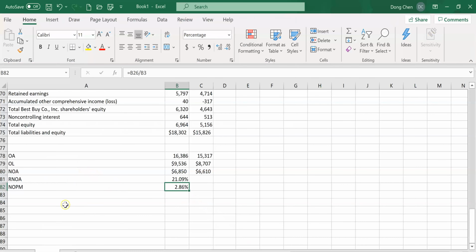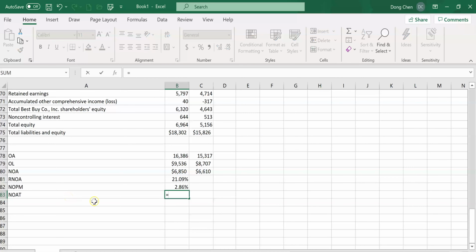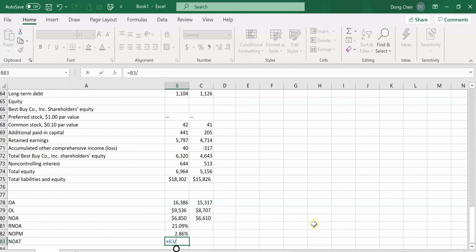And NOAT, net operating asset turnover, and this is defined to be revenue, right? Revenue, and then divided by the average level of the NOA. So NOA is right here. And then we have these 2 years numbers.